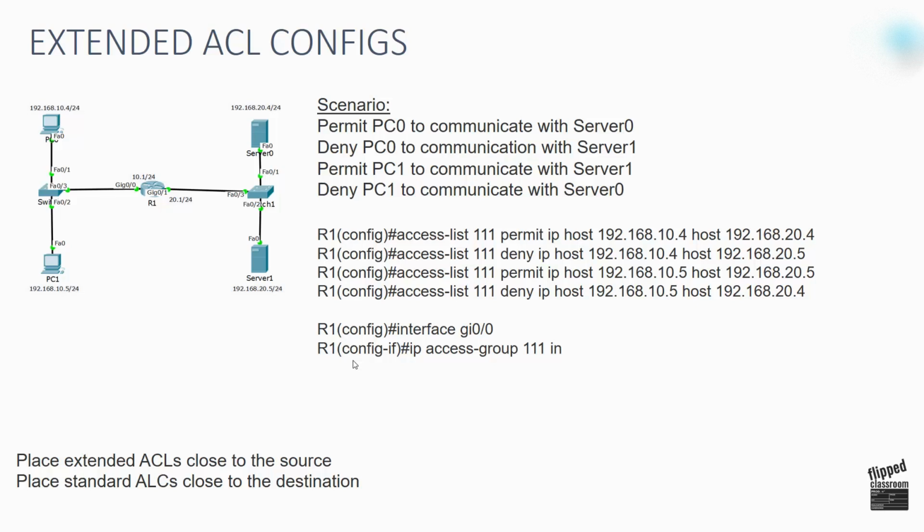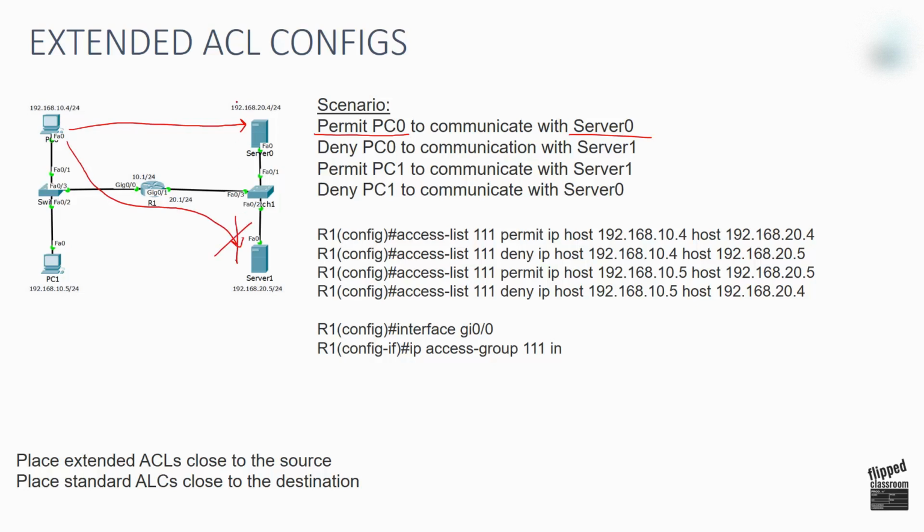In our scenario, we have to configure the network so that PC0 will be able to communicate with server 0, but PC0 will not be able to communicate with server 1.